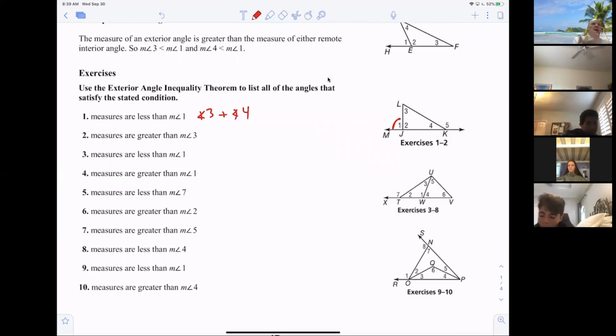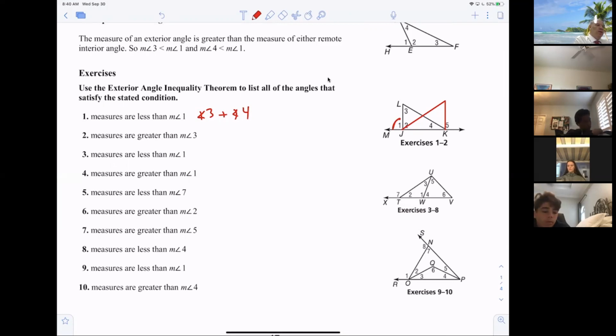I would say looking at it, angle 1 is less than angle 5. But it doesn't have to be. It's just the way they drew the figure. Because watch me, I could put L over here and redraw it like this. And now angle 1 would be bigger than angle 5. Am I making myself clear? You just want to know something for sure.